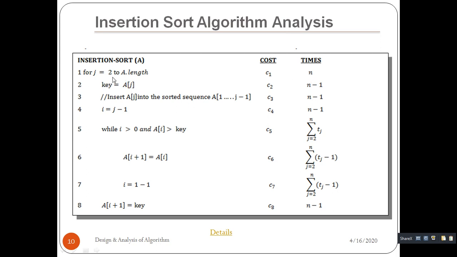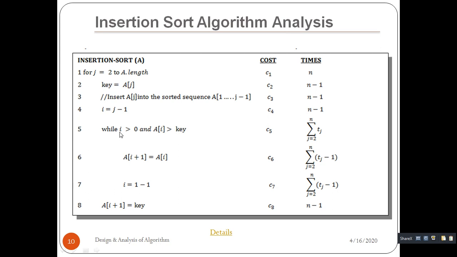So if the loop condition runs n times, then obviously the statements inside the loop will run one less time. So this statement will run for n minus 1, and this will also run for n minus 1, and this too for n minus 1.